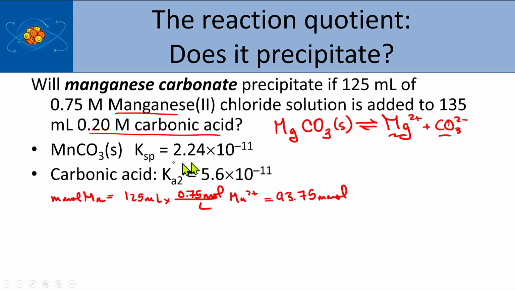And then we need to divide by total volume to get molarity. So this is manganese 2+, so molarity Mn2+ will be 93.75 millimoles divided by my total volume, which is 135 and 125, so that's 260 milliliters.